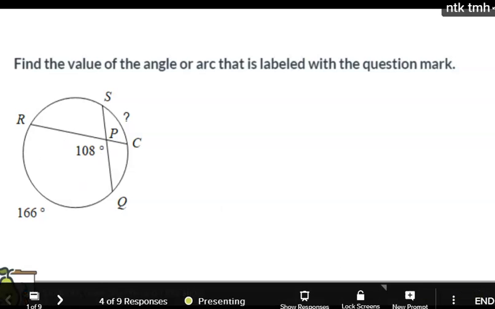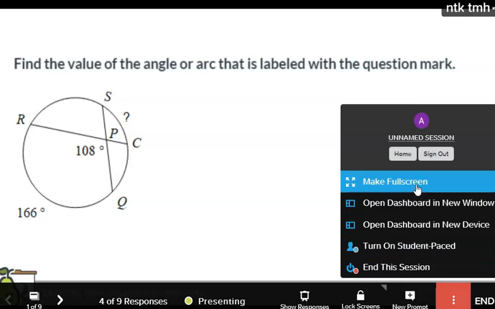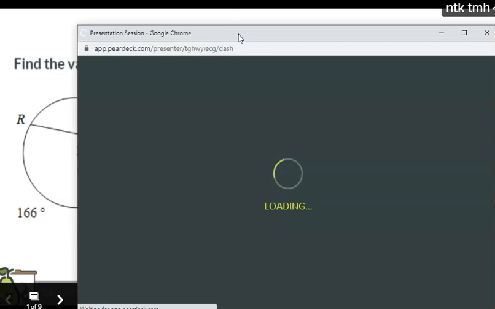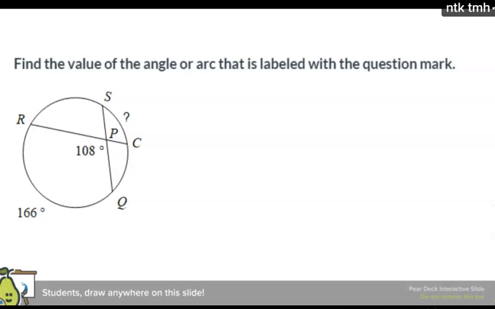I can write on the screen. If you are confused, let me talk you through it. If you're not confused, you can just go to the Pear Deck screen and start working, and you can draw on this slide. You're trying to find that question mark.